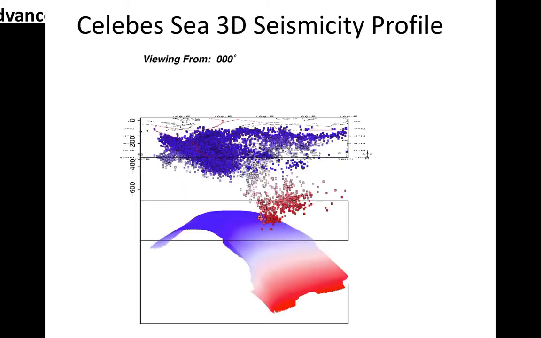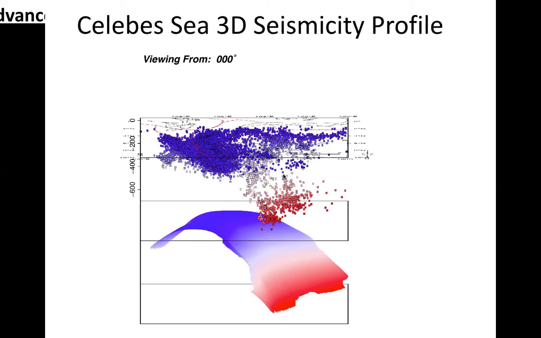So if we view this in 3D, we can get a better idea of the geometry here. The top panel here is plotted seismicity, everything deeper than about 50 kilometers, just so we could more clearly see the deeper seismicity. And the bottom panel is the accepted geometrical model from Slab 2.0.